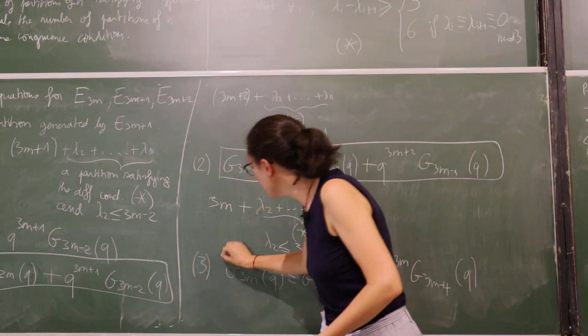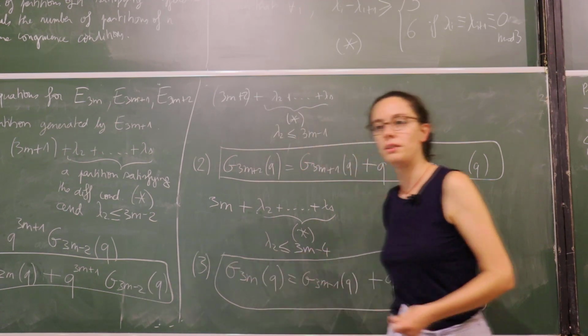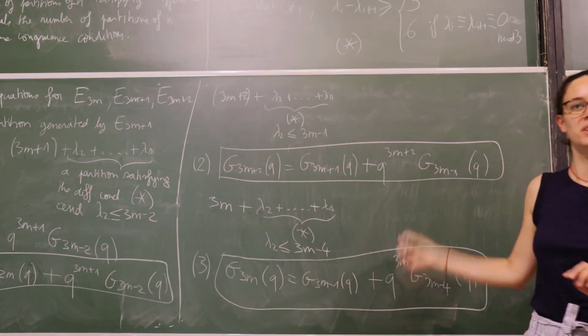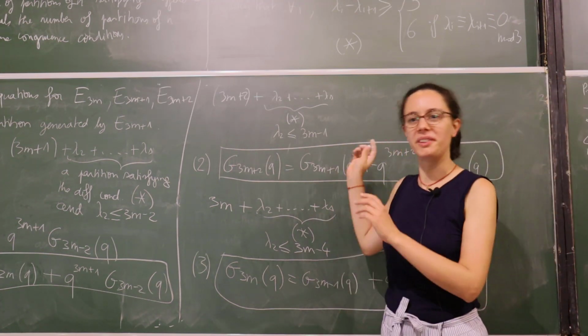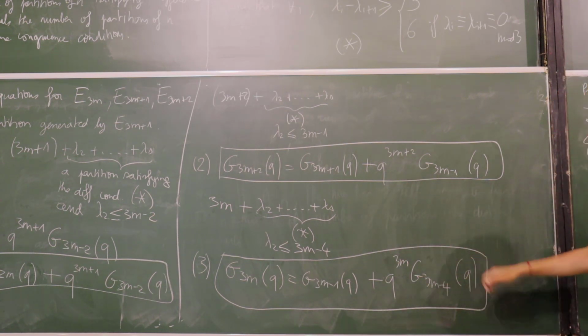Okay, so here we have 3 recurrences that are only with G's. We got rid of the E's already. In some other proofs they stay a bit longer when things are more complicated, but here they were quickly gone.